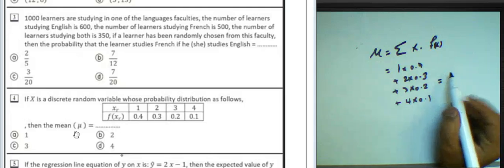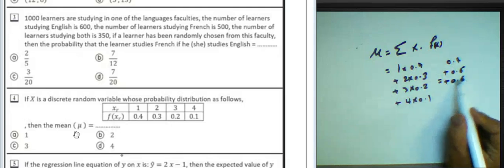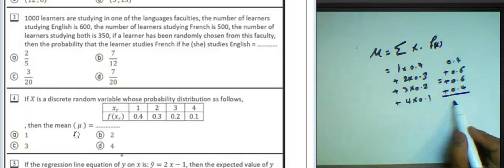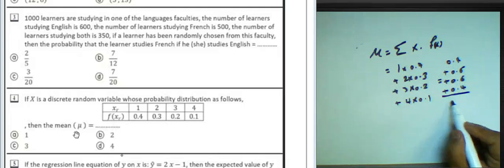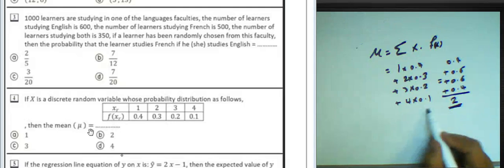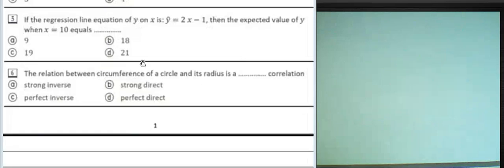It will be what? 0.4 plus 0.6 plus 0.6 plus 0.4. The result will be what? Equal 2. Choose letter B. Okay.